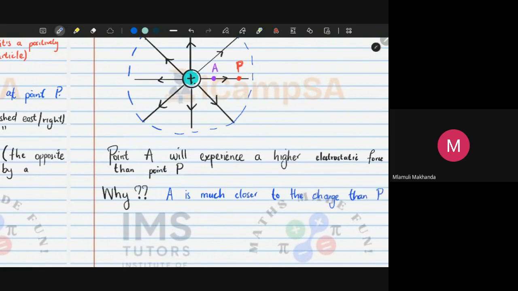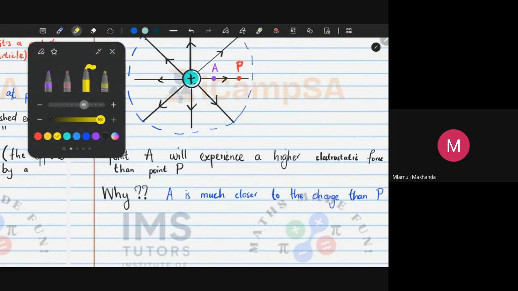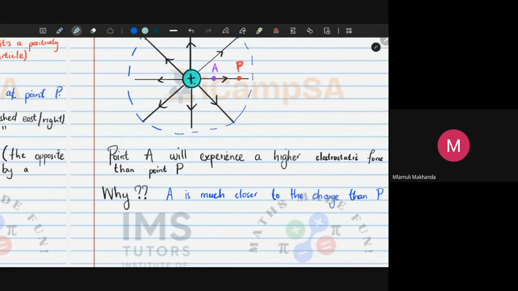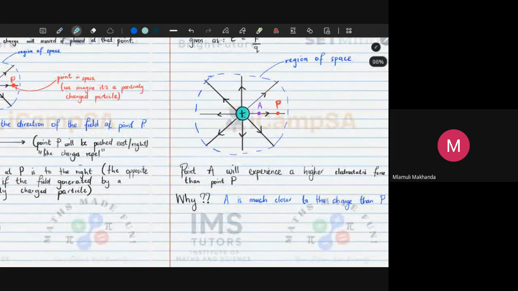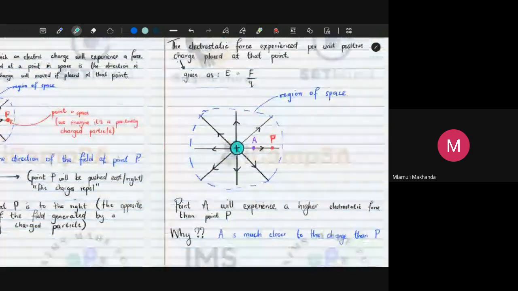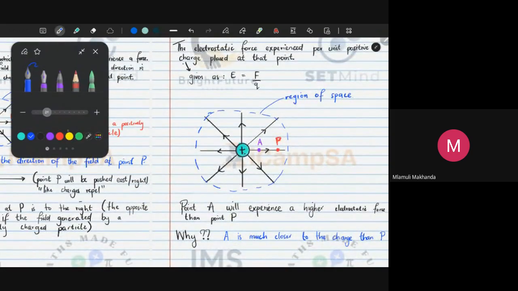The reason is that A is a lot closer to the charge than B, which is what I've been saying. So at A, it'll experience a higher electric field and therefore a higher electrostatic force.